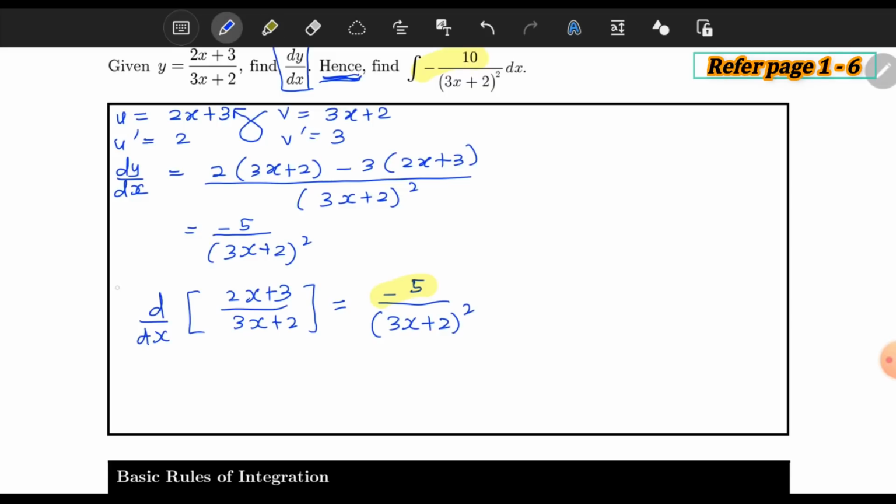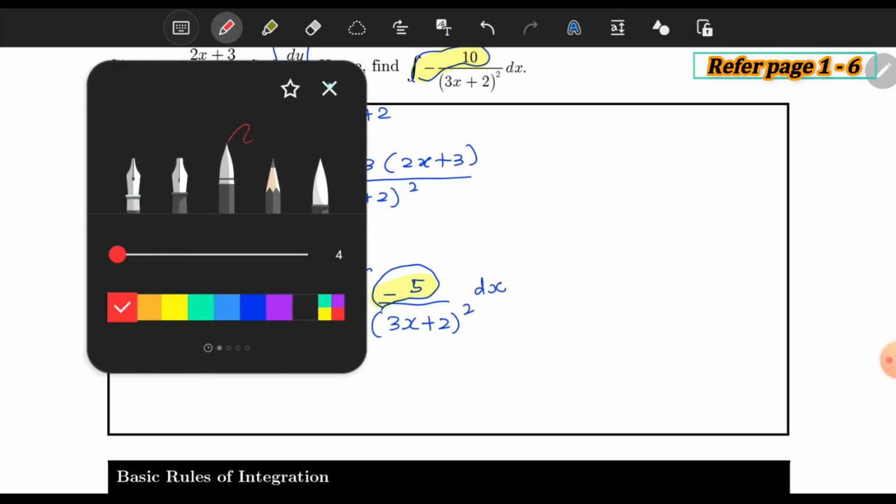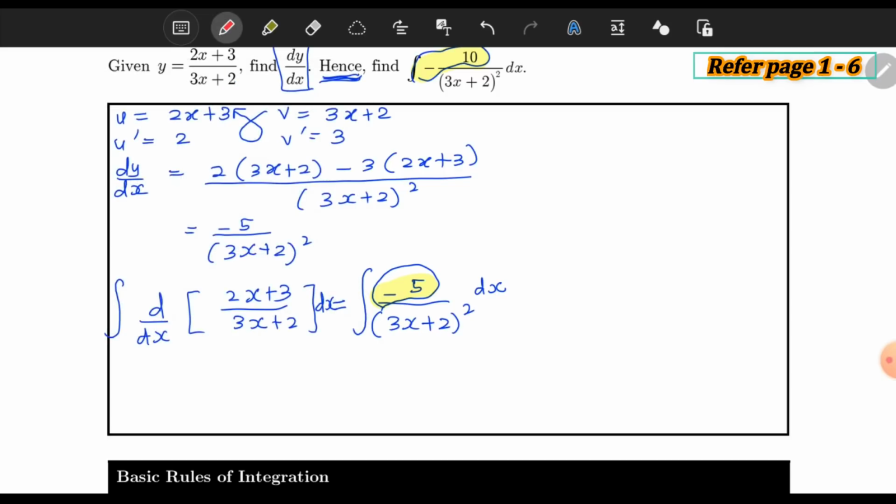I write the integral sign first. So integrate with respect to x. The same thing for the right part. Integrate with respect to x. We want to find negative 10 over something. We have negative 5 over something, meaning that we need to multiply both sides by 2.